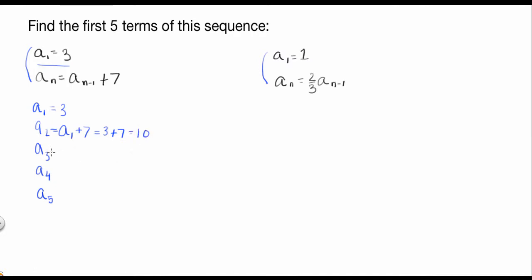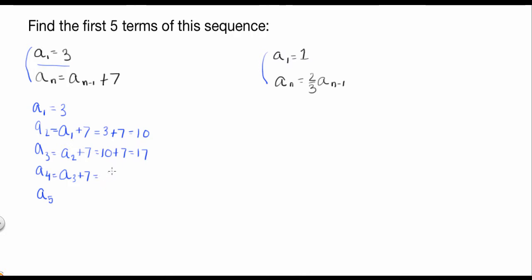Okay? A3 is just A2 plus 7. And what's that? Well, that's 10 plus 7 equals 17. A4 is A3 plus 7.